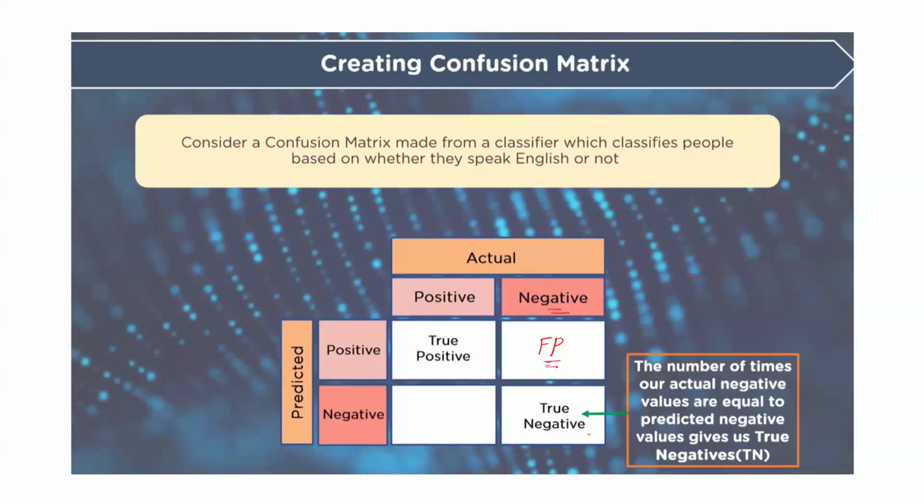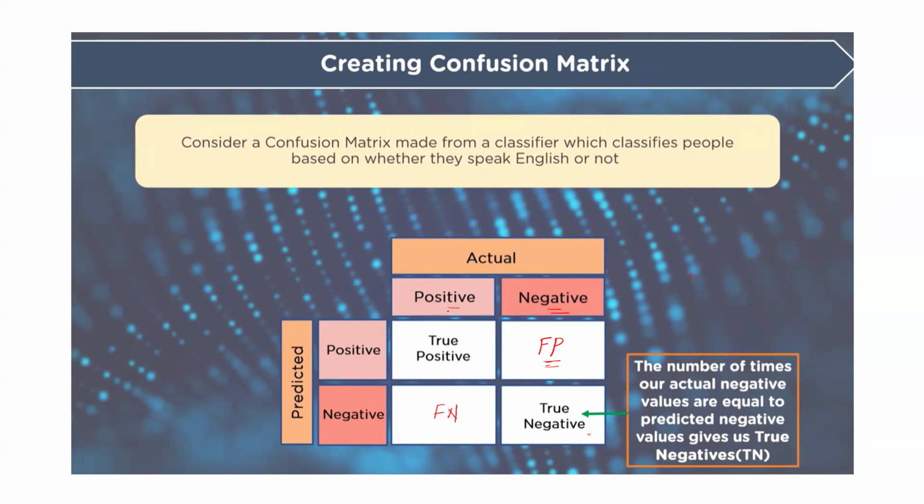Those are called false positives. And there are some people who actually speak English, but our classifier predicted that they can't speak English. Those are called the false negatives. Try to understand.